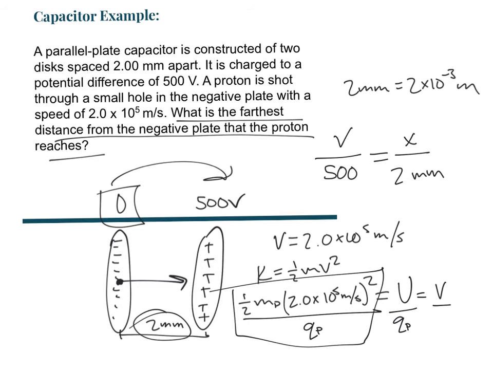So you would solve this proportion for x using the V value you had down here. And that would tell you the furthest distance from the negative plate that the proton reaches. You would also be able to calculate this from force and kinematics, but this approach with energy or potential is a lot simpler, a lot cleaner, and just involves less calculation.